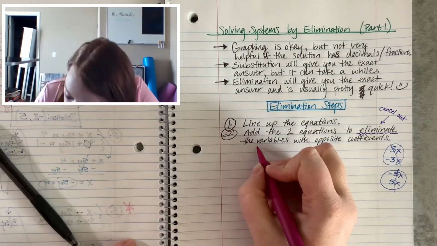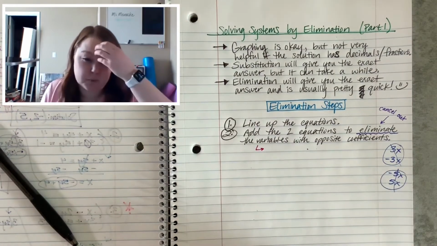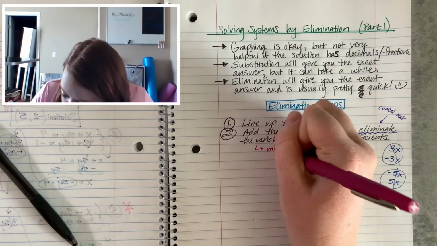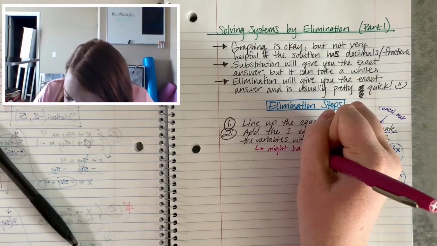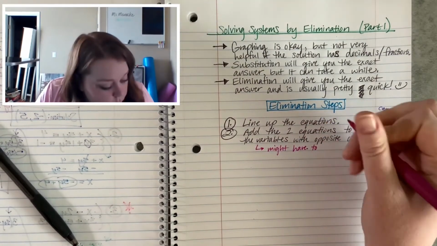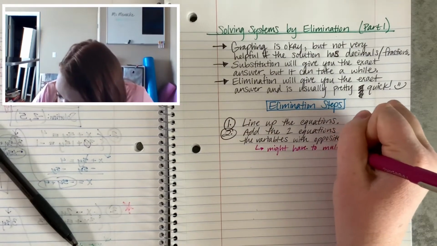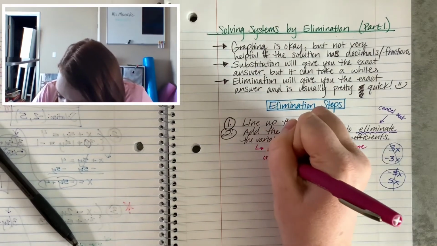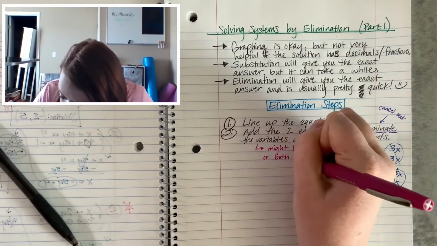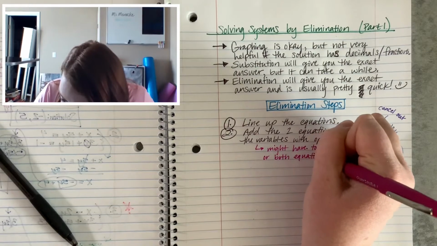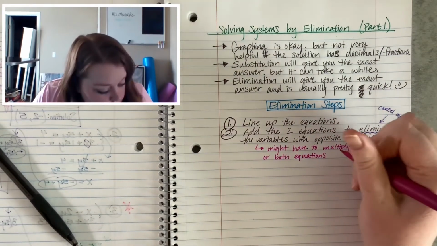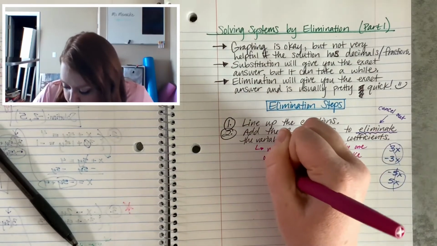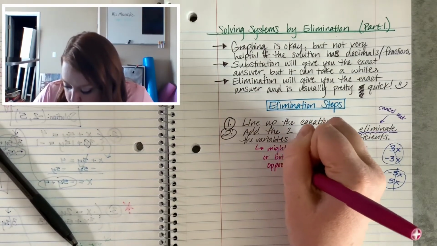So we're going to tell ourselves, and this is something I would like you to highlight if you have a highlighter: might have to multiply one or both equations to make opposite coefficients.